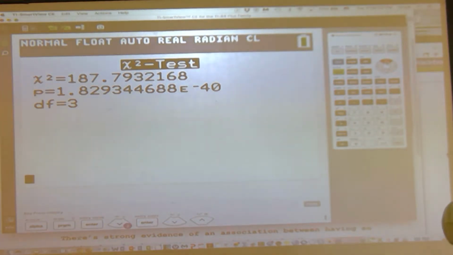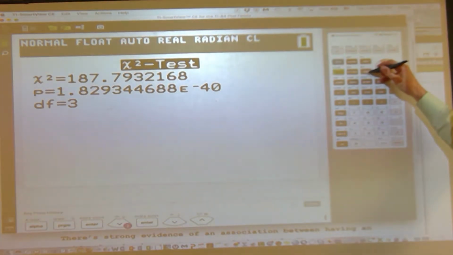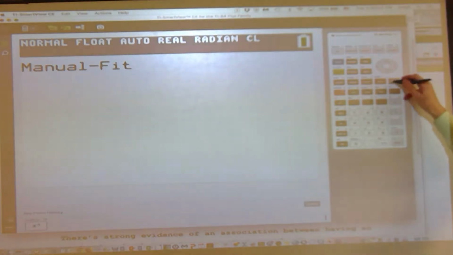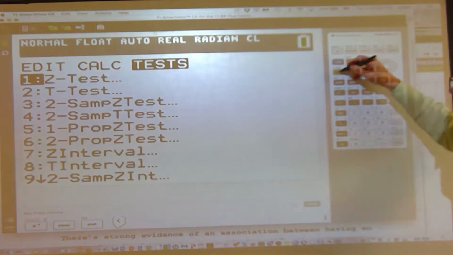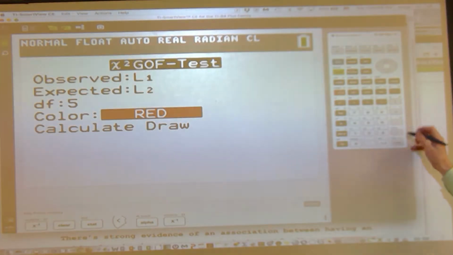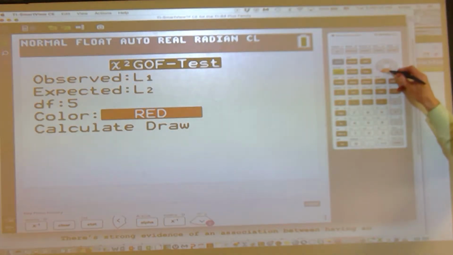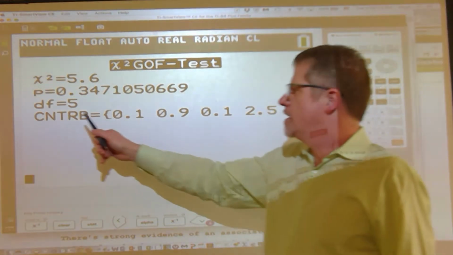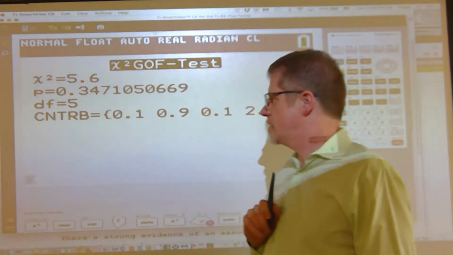We saw it when we ran stat test D. Try that again, stat test alpha D, list 1 and list 2. When we calculated that, that's where we saw CNTRB.